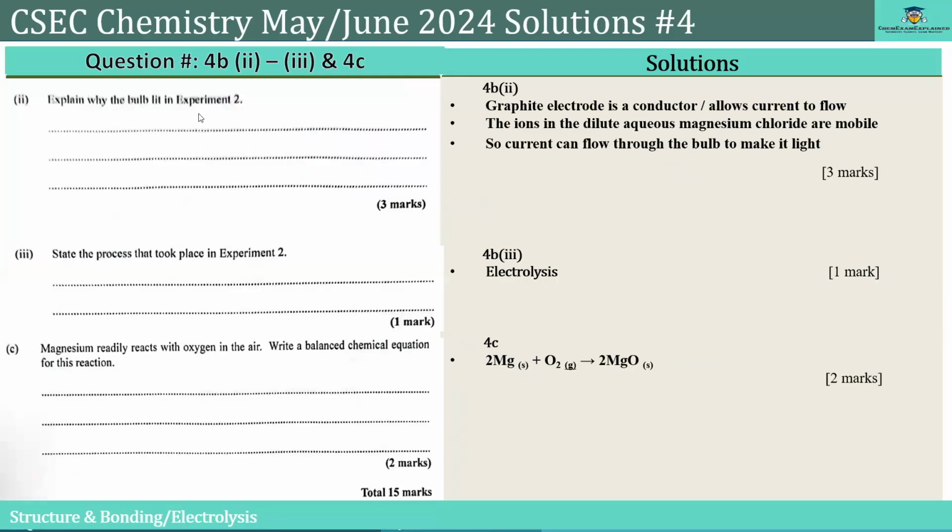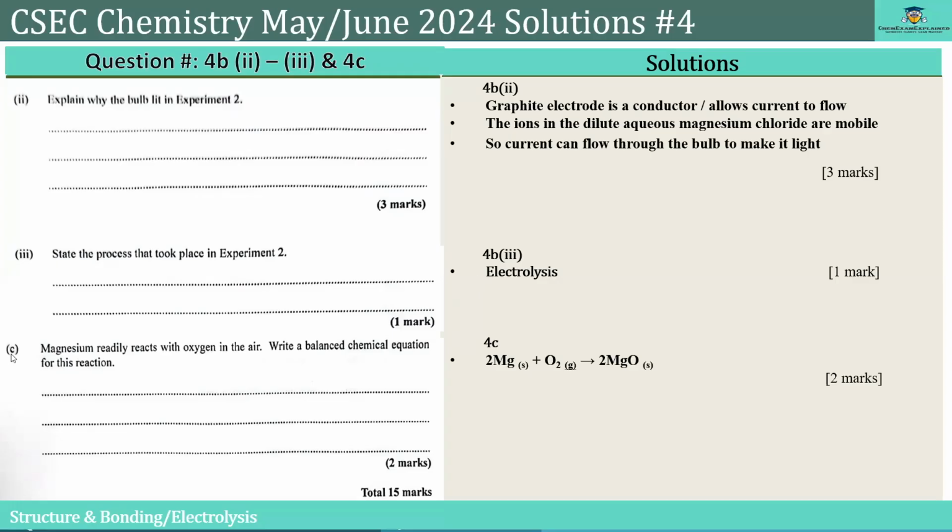So in answering the question as to why the bulb lit in experiment 2, we say that graphite electrode is a conductor, therefore allows current to flow. The ions in the dilute aqueous magnesium chloride are mobile, they are free to flow. So current can flow through the bulb to make it light. Part 3. State the process that took place in experiment 2. The process that took place was electrolysis.